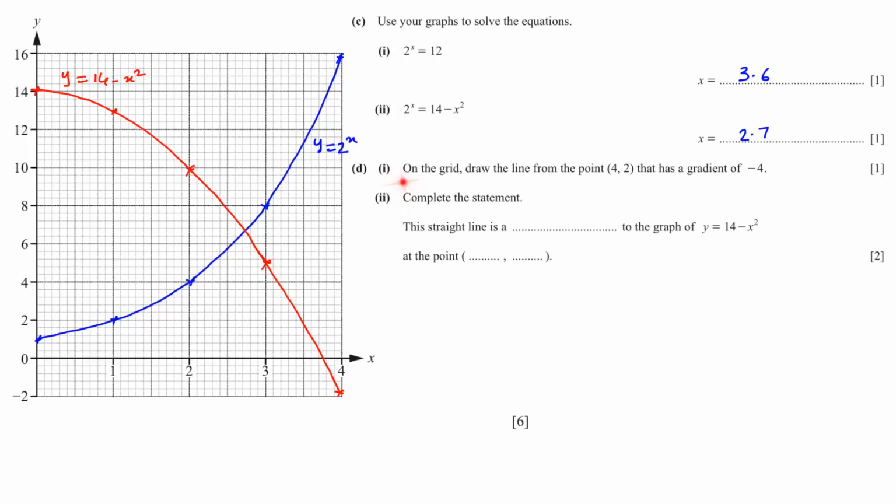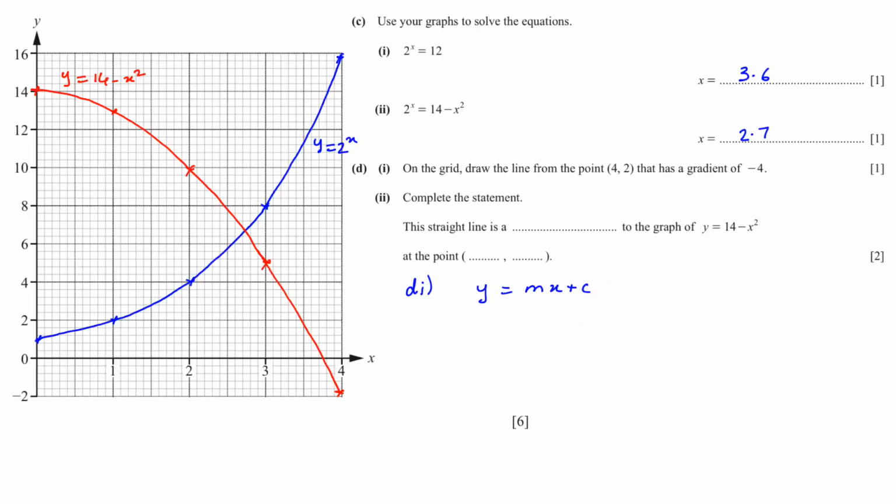D1. On the grid, draw the line from the points 4, 2 that has a gradient of negative 4. We'll use the equation of the line y is equal to mx plus c. We already have x, y and the gradient. We just have to find the c.